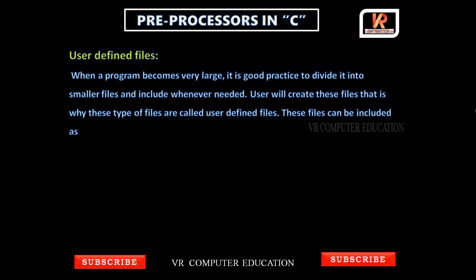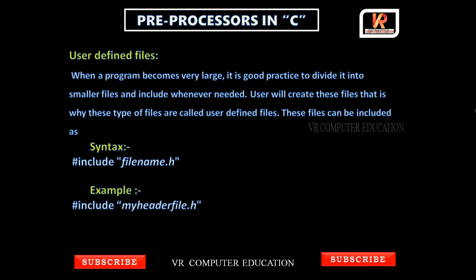So who will create these user defined files? The user will create them. That's why they are called user defined files. These files can be included as, this is the syntax, hash include, in double quotes, file name .h. For example, "myheader.h".